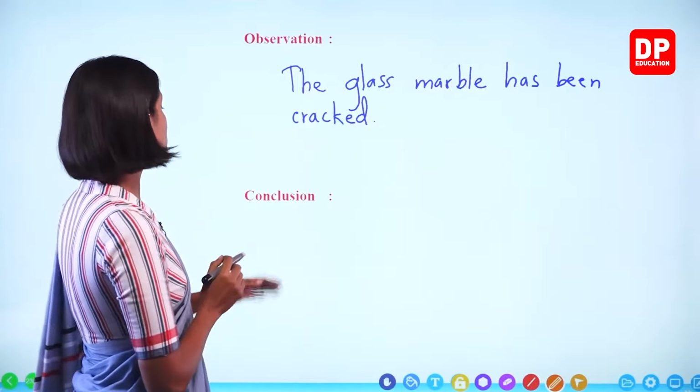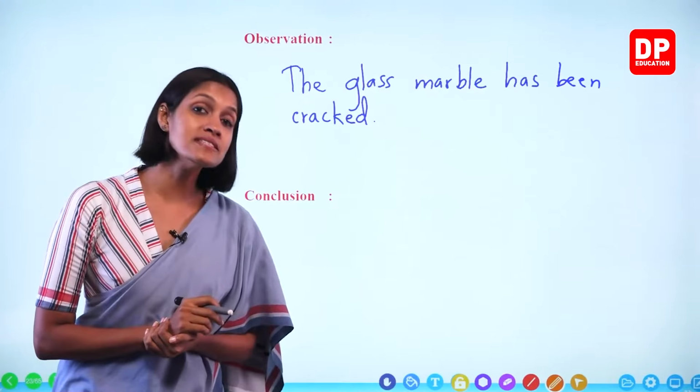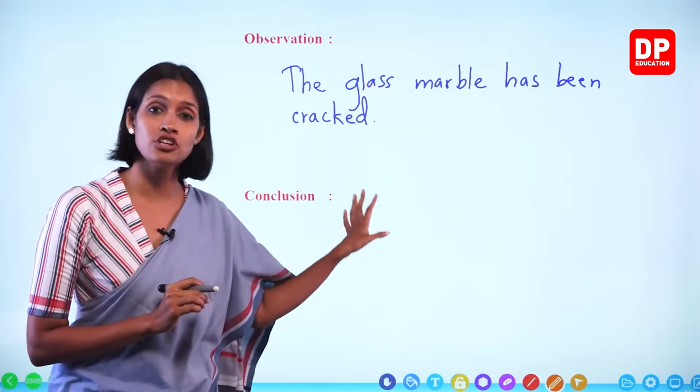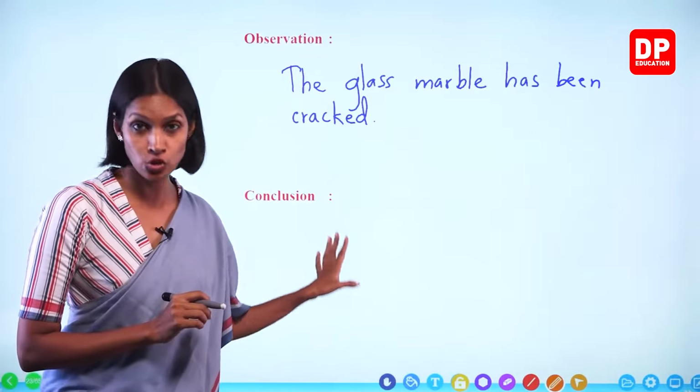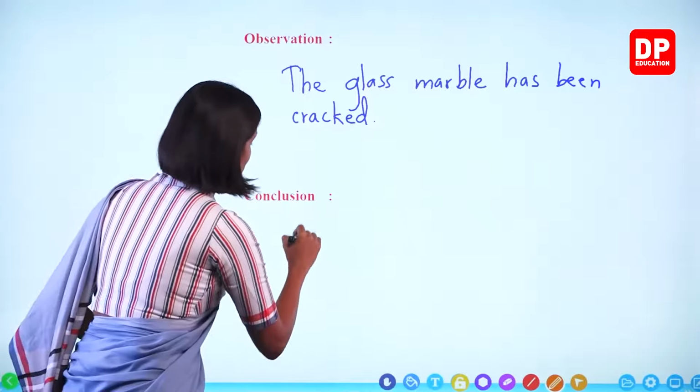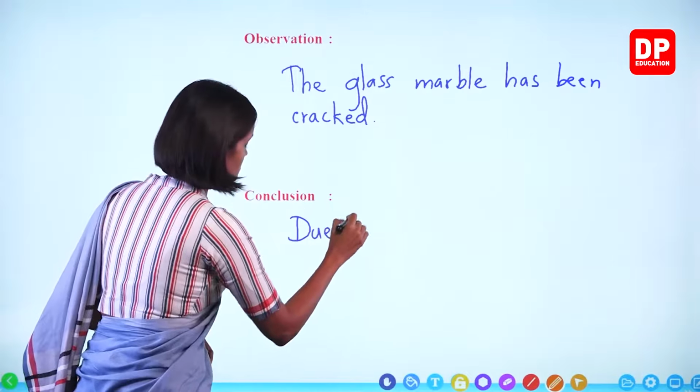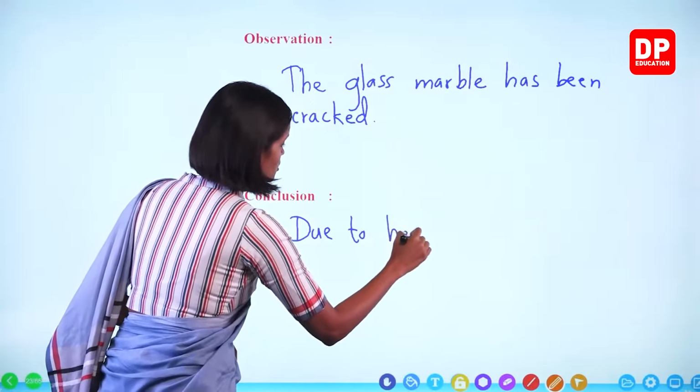Right, children? So what is the conclusion? If we consider this glass marble as our rock, weathering takes place due to heating and cooling, okay?